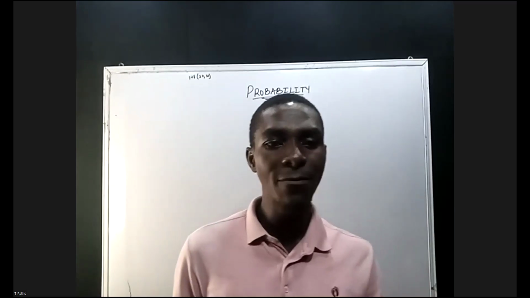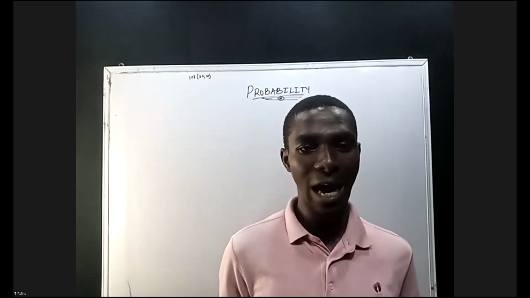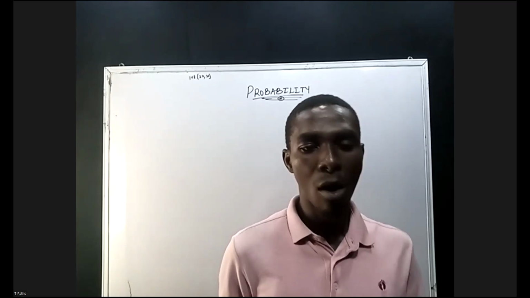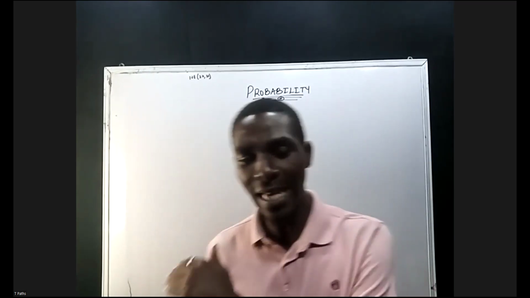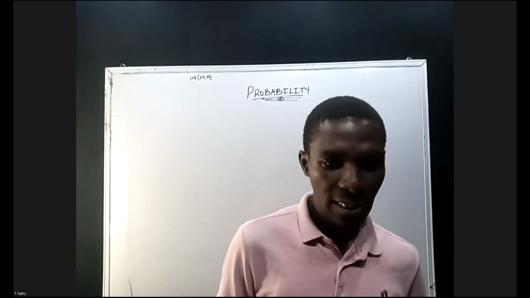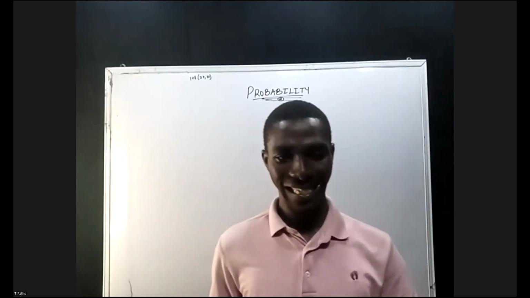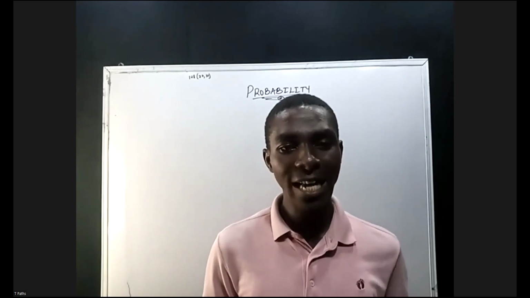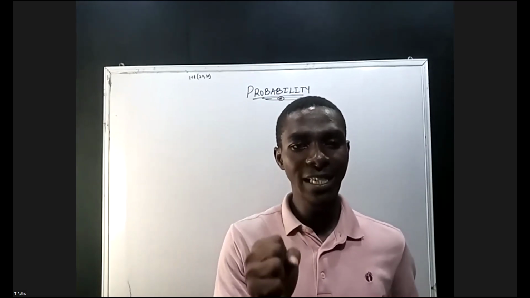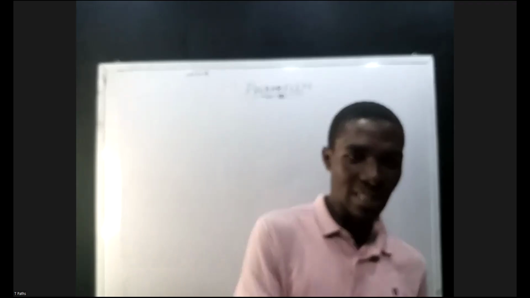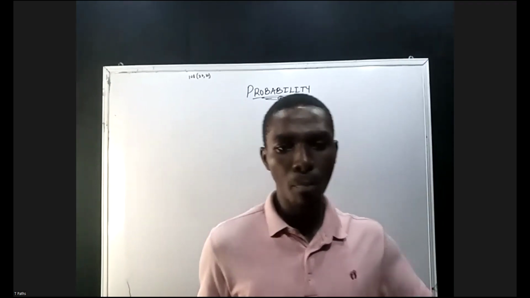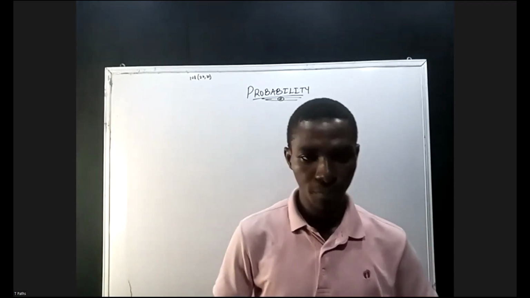Now, we also have some conditions in probability that I will introduce you to. Conditions like mutually exclusive. Yes, mutually exclusive, I use the word and there. Whenever you hear the word and, you are talking about a mutually exclusive event. That is, both events will occur.